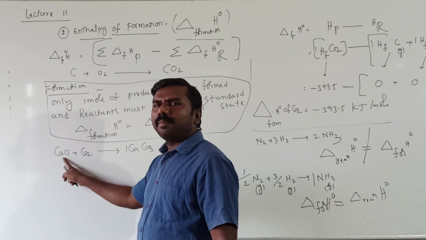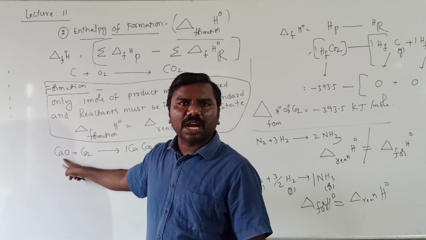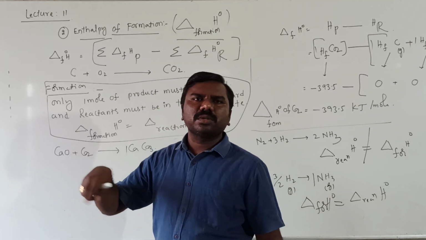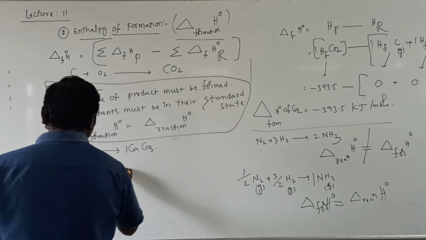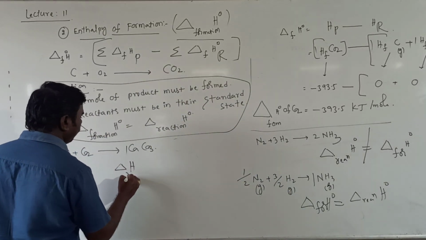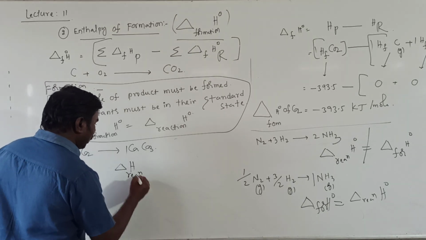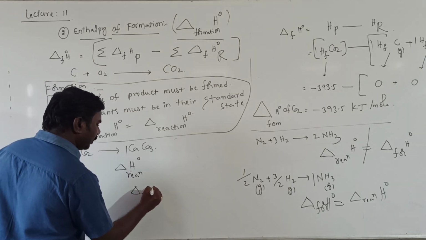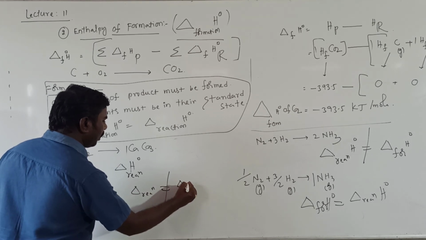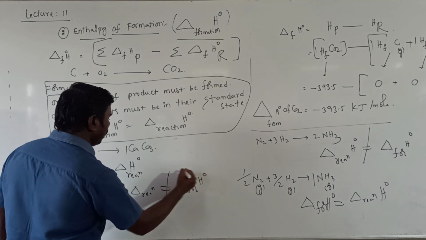They were in their combined state. CaO is a combined form, CO2 also a combined form. So here it is only enthalpy of reaction. But here enthalpy of reaction is not equal to enthalpy of formation.